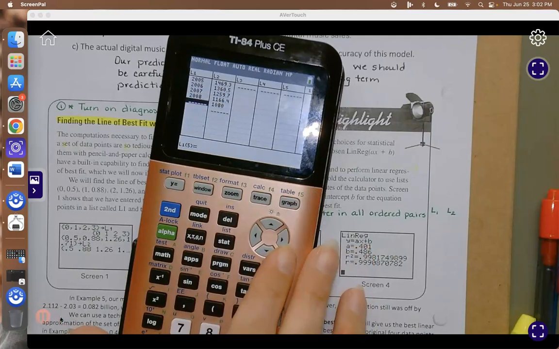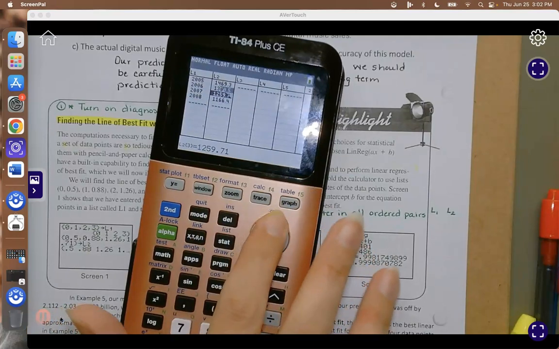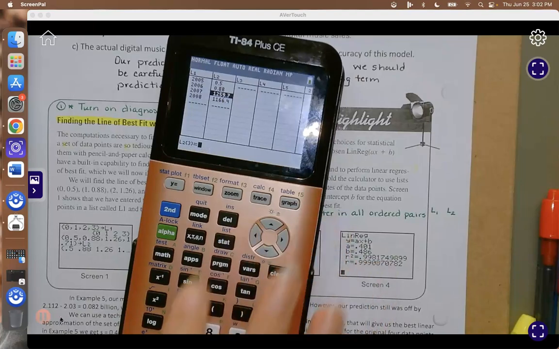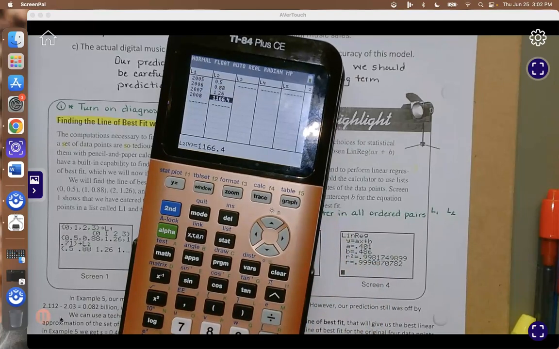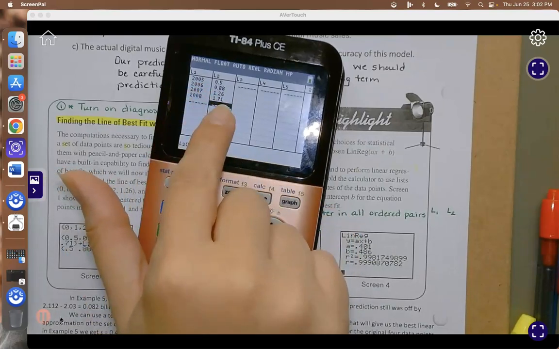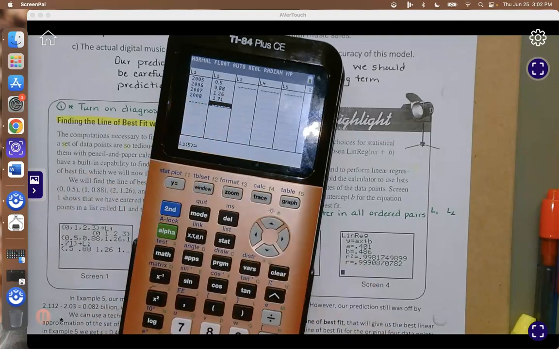Then we can delete that one. Then I go up and I'm going to type in 0.5, 0.88, 1.26, 1.71. And I would go through and double check to make sure all of them are right.